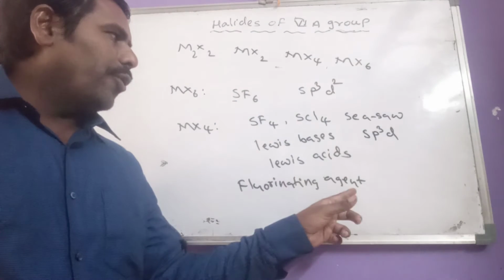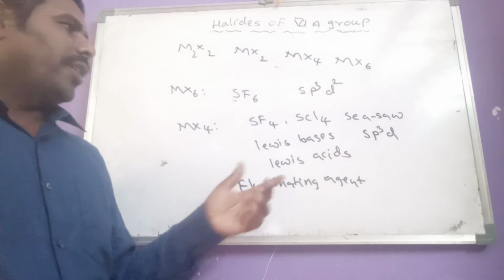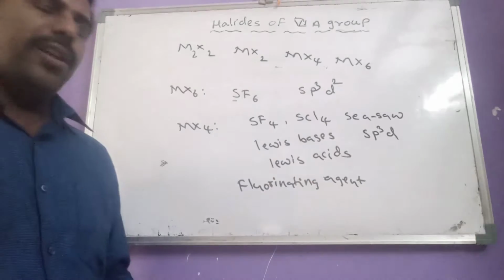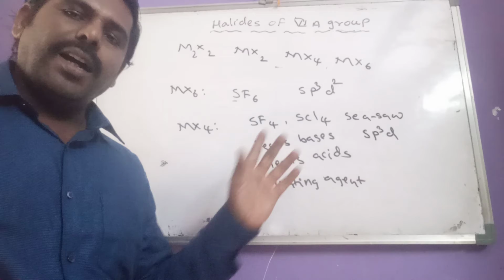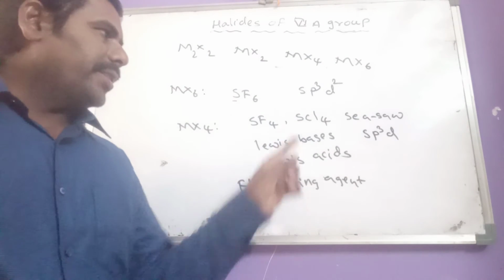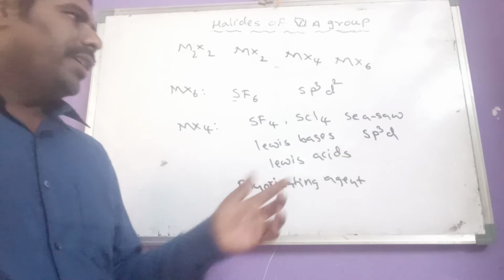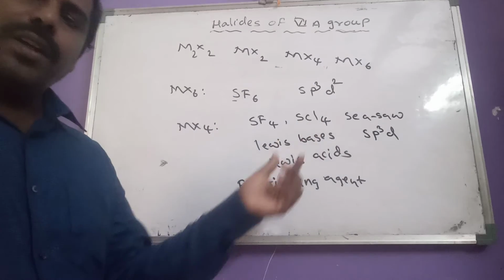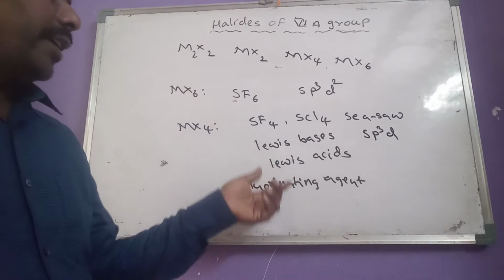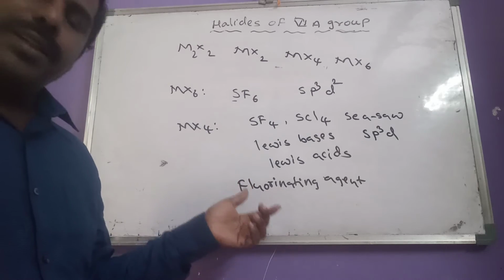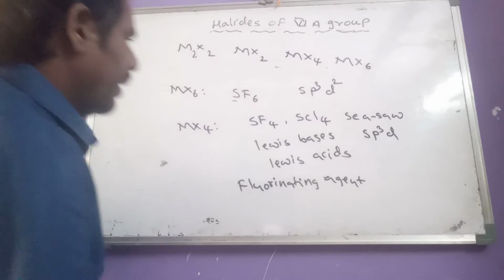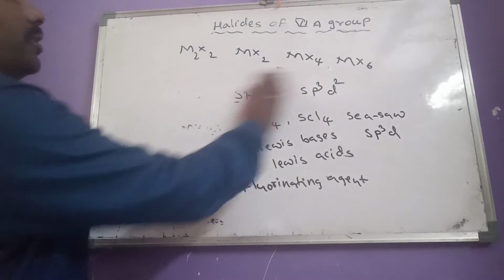Then come to SCl4. This is a somewhat unstable liquid. SCl4 is present in the liquid state, and it is somewhat unstable. So these are some important things regarding tetrahalides of chalcogens.